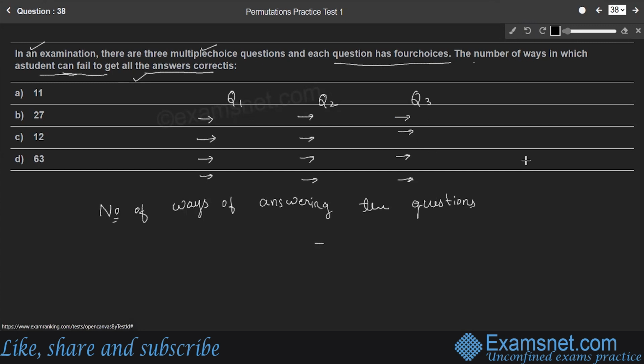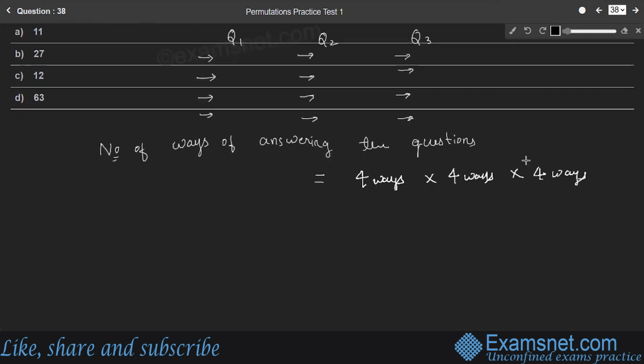Therefore, the product of the number of ways for each question: 4 ways for the first question, into 4 ways for the next question, into 4 ways for the third question, is equal to 64 ways. There are 64 ways of answering the 3 questions.